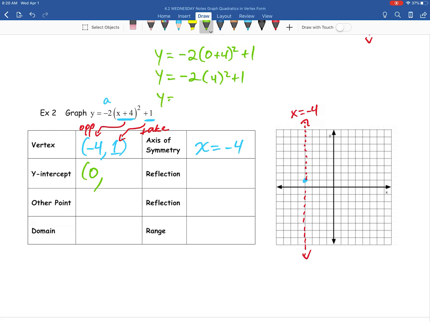That'll come out to be 16. Plus 1. So then we get y equals -32 plus 1. And as a result, we end up with y equals -31.